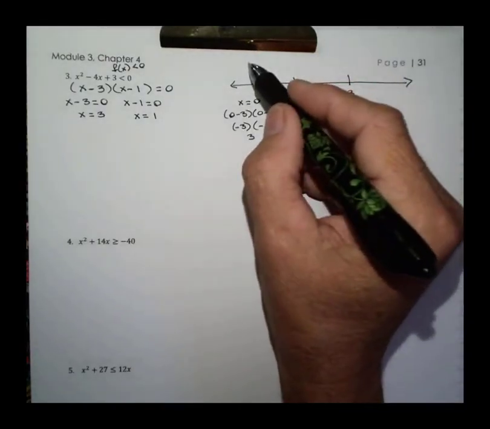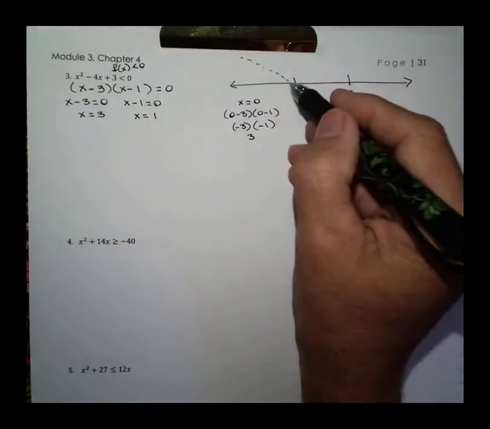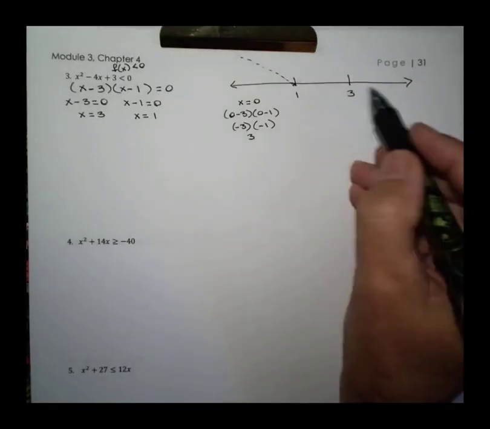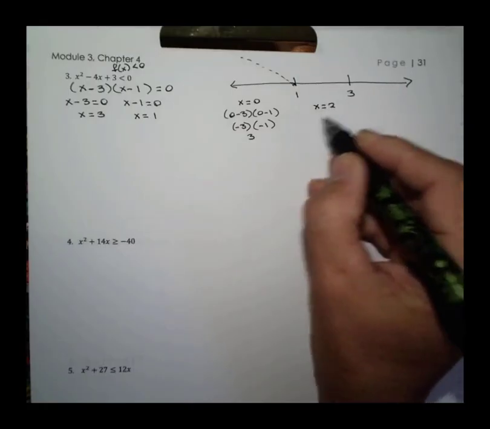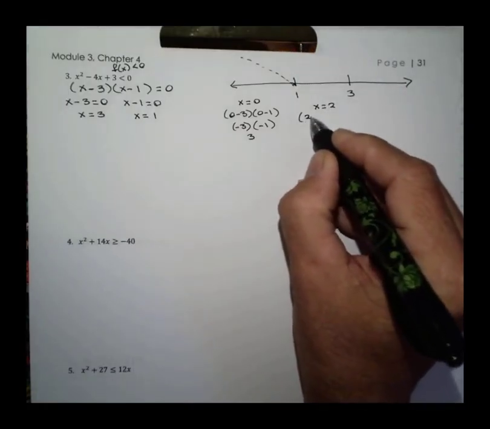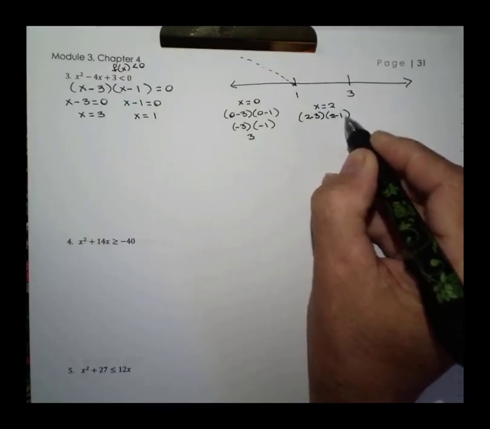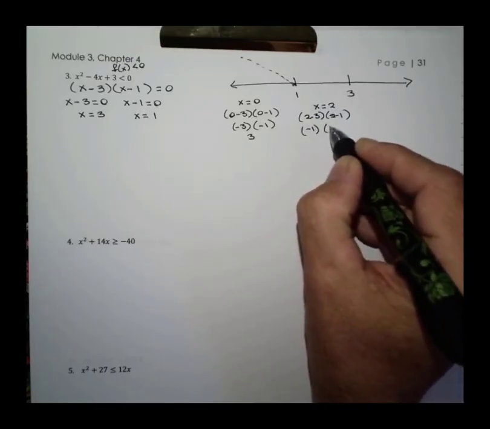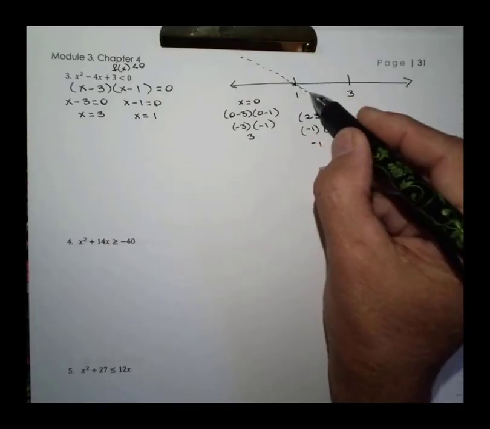And so it's going to be up above at this point. Oops, it crosses right through that boundary point, doesn't it? What is it in between? Between 1 and 3, I could say, well, I can check out x is equal to 2, and I would have 2 minus 3 times 2 minus 1, and that gives me a negative 1 times a positive 1, which is a negative 1. So it's going to be negative between those two.